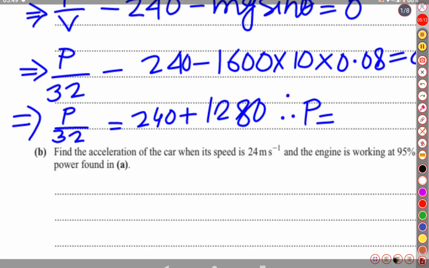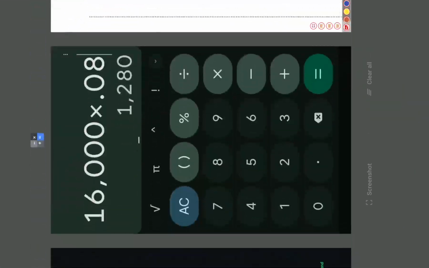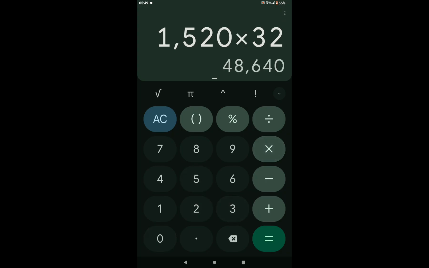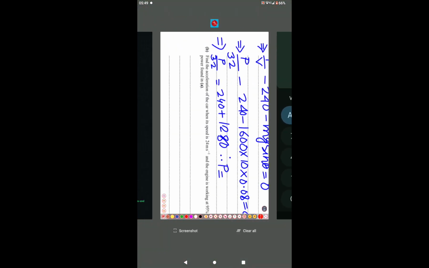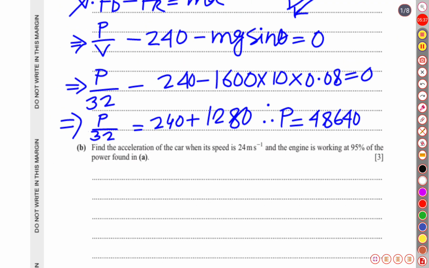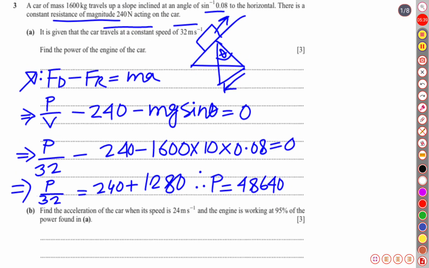So let us multiply: 1520 into 32 is 48,640. So 48,640 watt is the power the car is maintaining. That is the answer to the first part of the question.